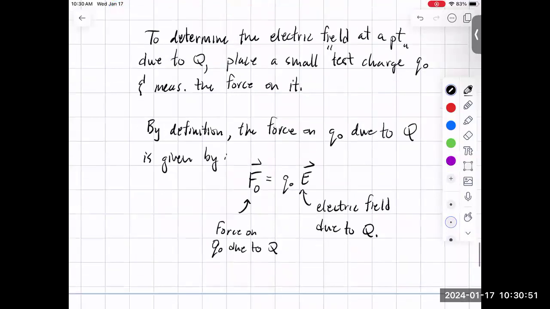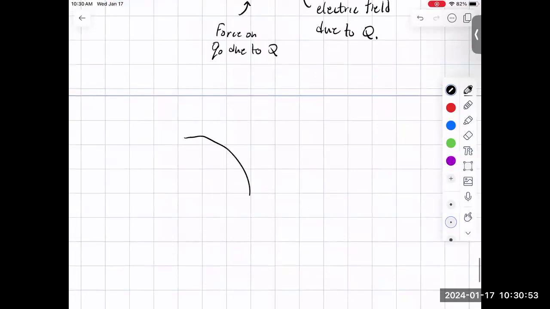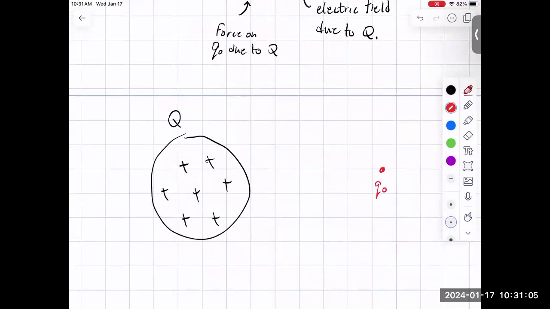Okay, so as a picture, what we would have is Q, our big distribution of charge, and then over here, at some point, we place our test charge Q0, and let's imagine, just for the sake of this drawing, that it's a positive test charge.